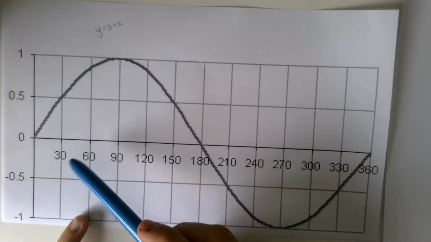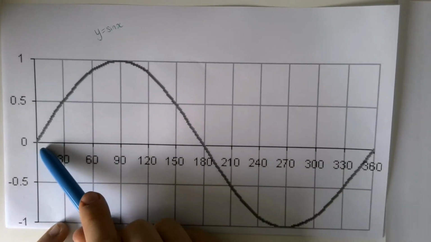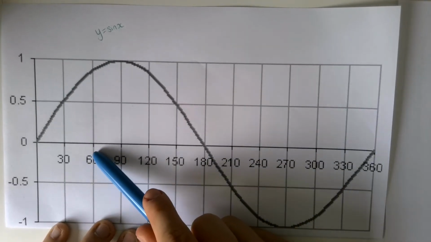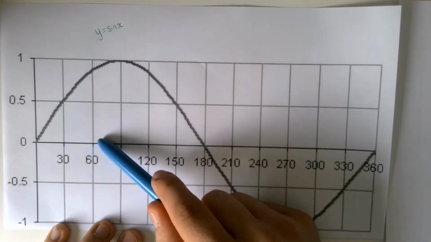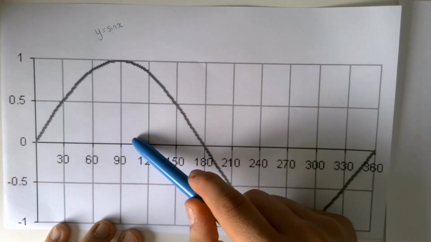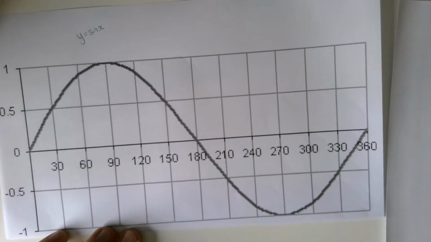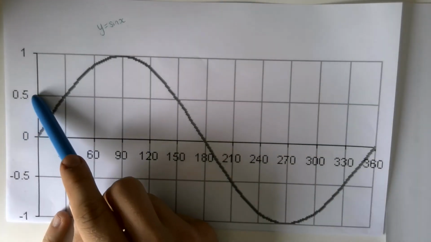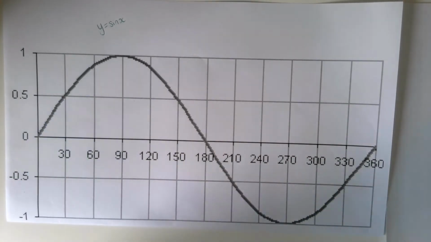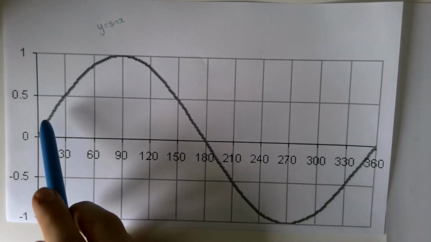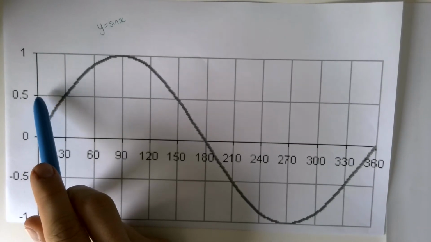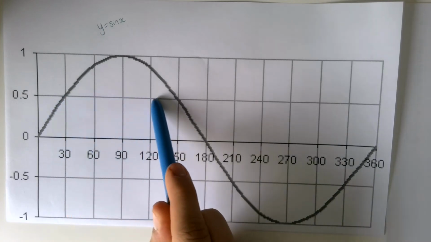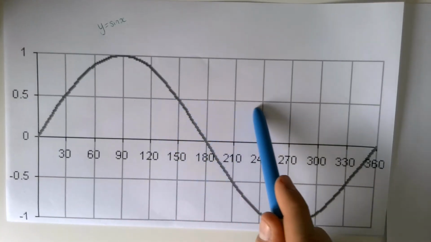So if I go back to the two that I was talking about before, we can see that every single x value has got a unique y value. Sine of 60 is shown here, sine of 90 is shown here. So they've got unique values. However, if I asked you what sine of what x value I would need to get an answer of 0.5 or 1/2, you could see that sine 30 gives me that, as does sine 150, and this would carry on.